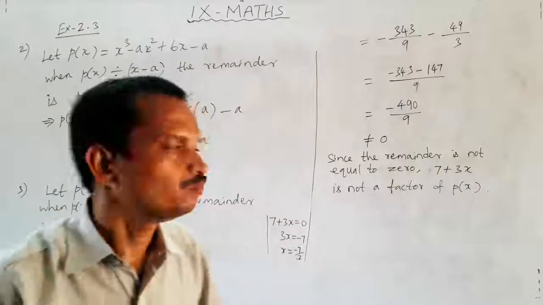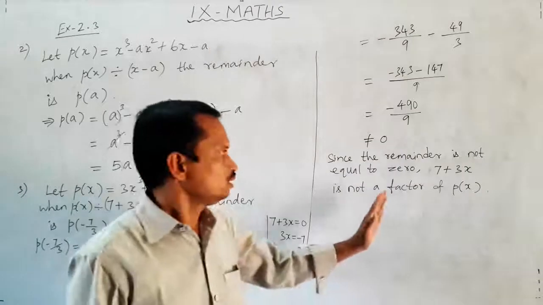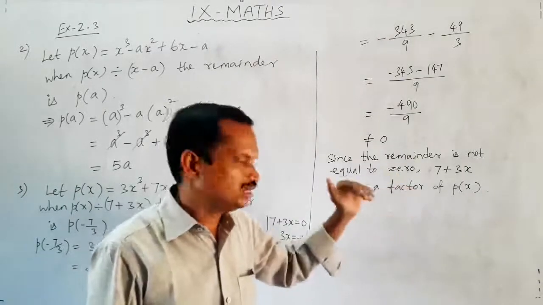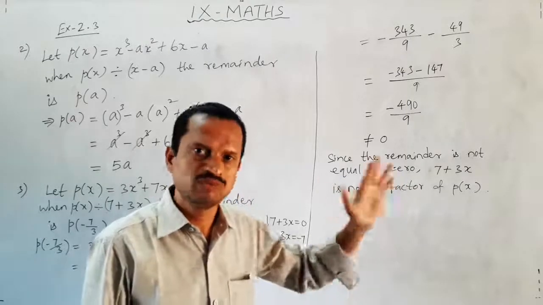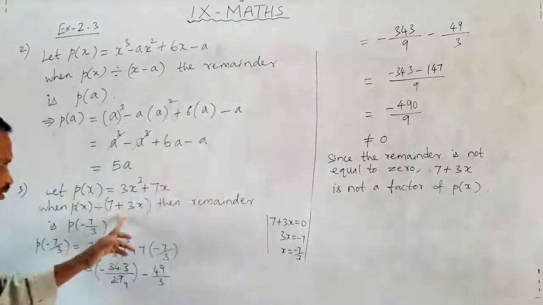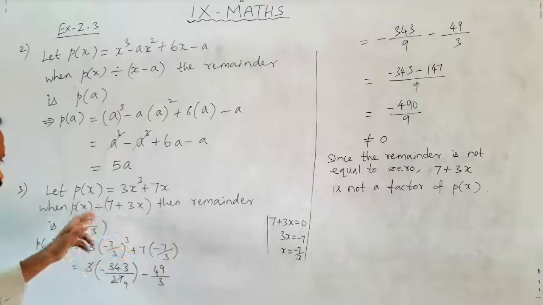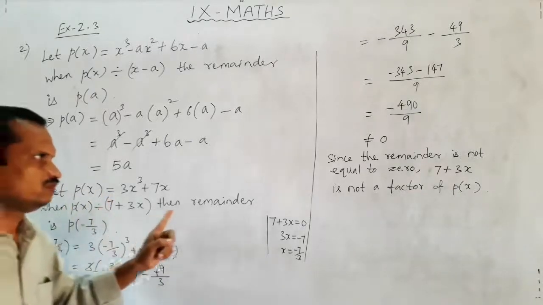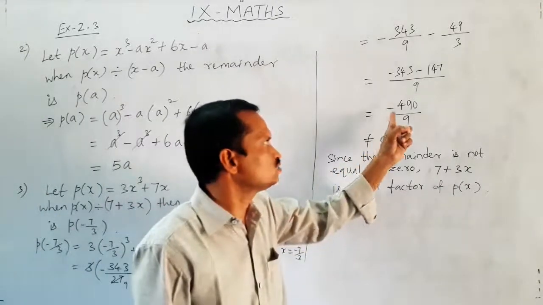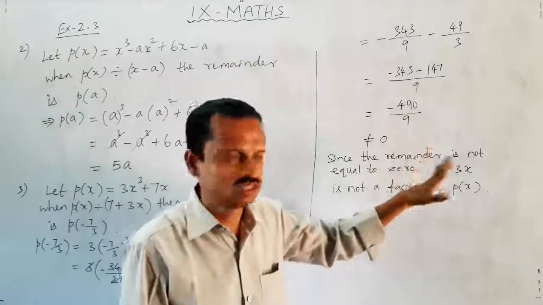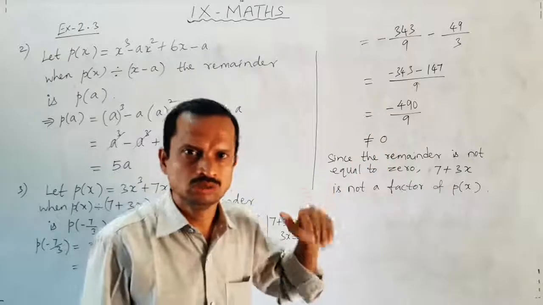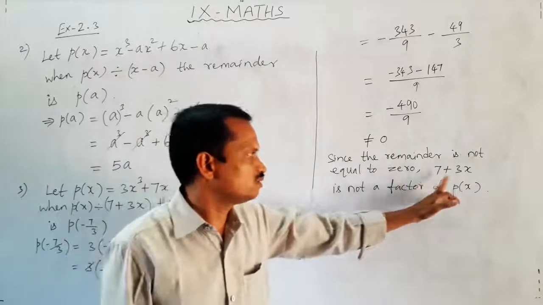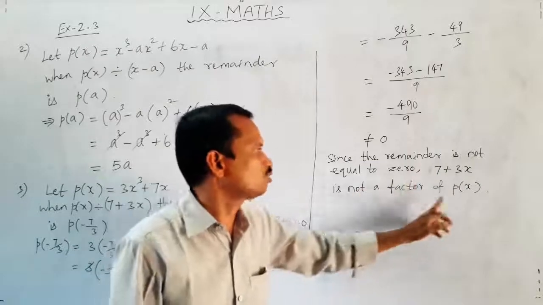Clear? So now, when the remainder is not equal to 0, then the divisor is not a factor of the given polynomial. Here the divisor is 7 plus 3x, and when we divide the polynomial by this, we got the remainder as minus 490 by 9, which is not equal to 0. So we come to the conclusion that the divisor 7 plus 3x is not a factor of p of x.